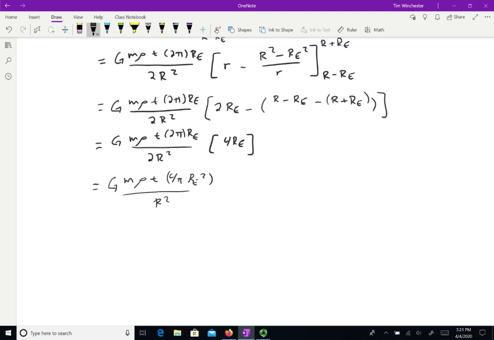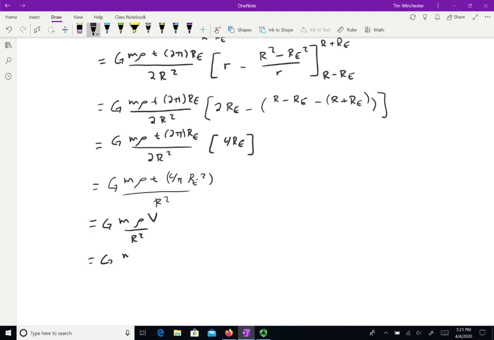If I multiply that by the thickness, then that is going to give me the volume of the shell. So this is G m rho times the volume of the shell over R squared. And the density times the volume is just the mass of the shell.